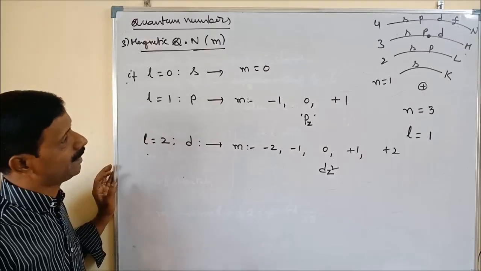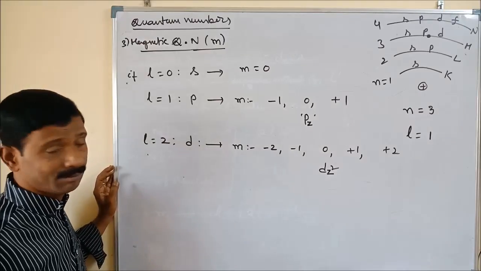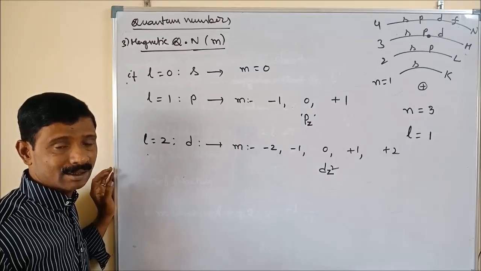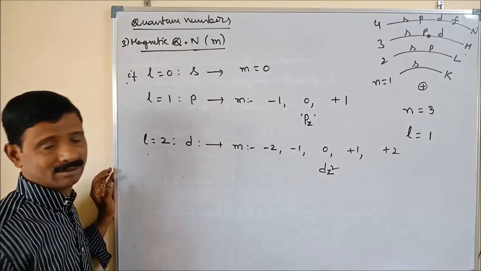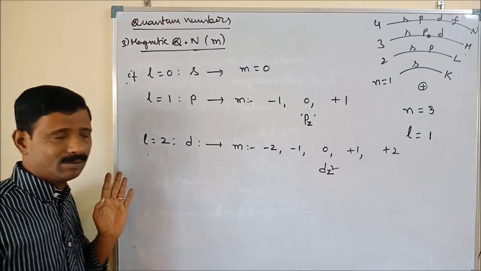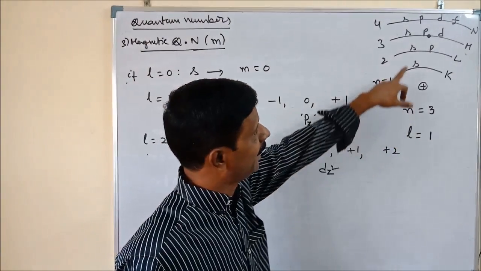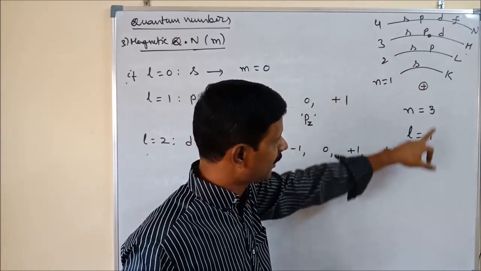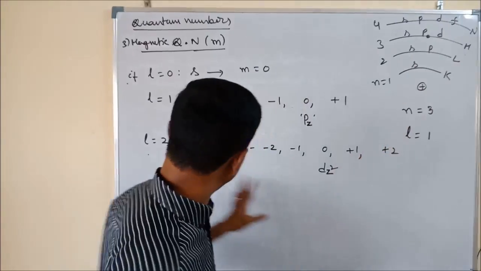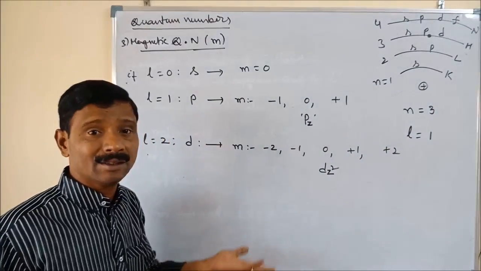So like that, m values indicate the orientation or the orbital in a sublevel. With the help of n value, we get an idea about the main energy level. With the help of L value, we get an idea about the sub energy level. With the help of m value, we get the orbital.